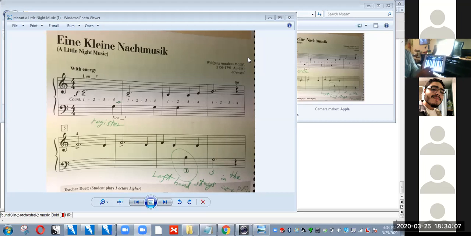Isn't the note lower? This note is lower than this note. Do you understand? So let's get through the first bar.